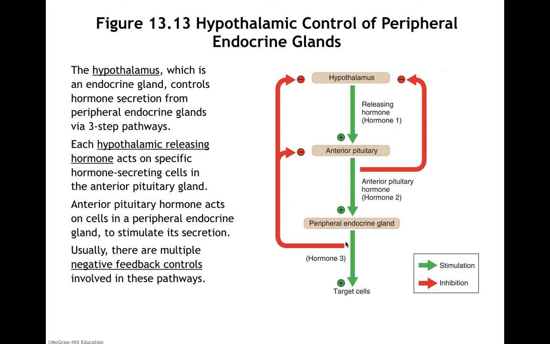The third hormone is a negative feedback for both the anterior pituitary and the hypothalamus. The second hormone is a negative feedback for the hypothalamus. And we'll get some specific examples that I think will make that a little clearer for you.